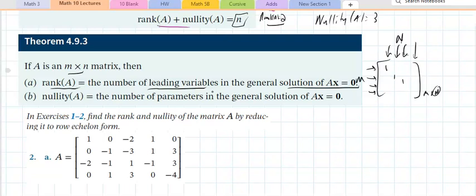And the nullity will be whatever is left over. The parameter, that's when you say x3, for example, is free, or you say x3 equals t, whatever you want to call it. Whatever you allow the variables to be, x3, x4, x5, that will be the nullity. And we always set Ax equals 0 to figure those out.